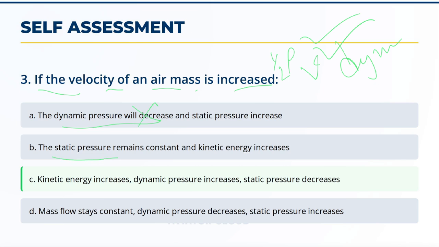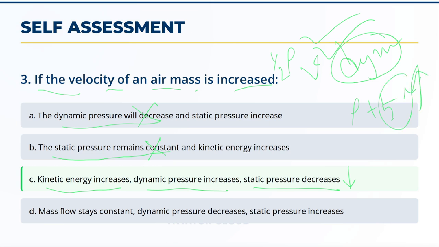No. The static pressure remains constant? No. Kinetic energy increases? Yes. That means dynamic, half rho V square, increases. Dynamic pressure increases? Yes. And static pressure decreases? Yes. Because P plus half rho V square is constant. So half rho V square is increasing, so P has to reduce. Right? This is the correct answer.